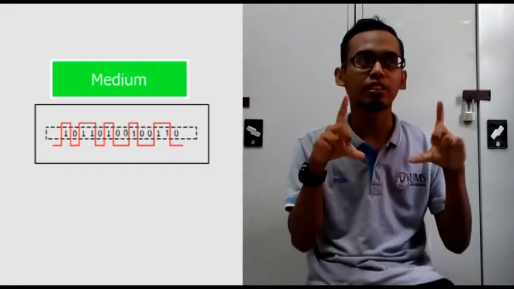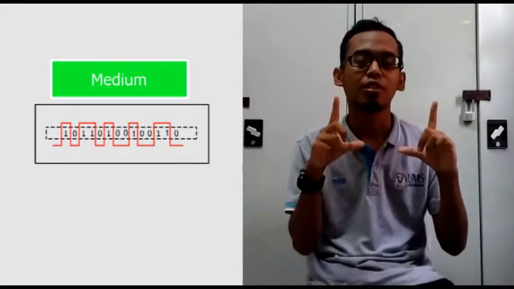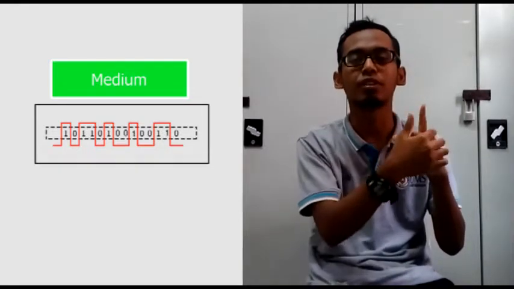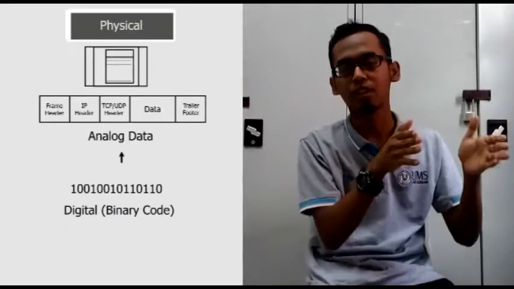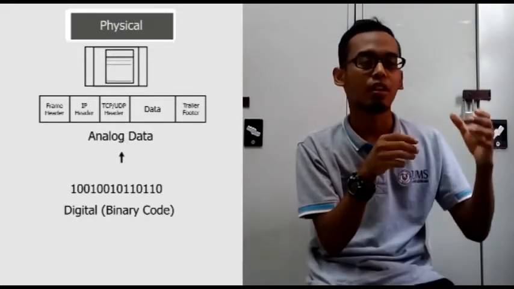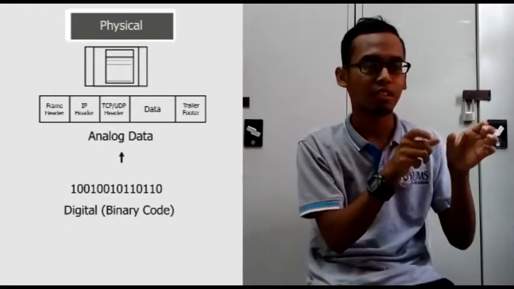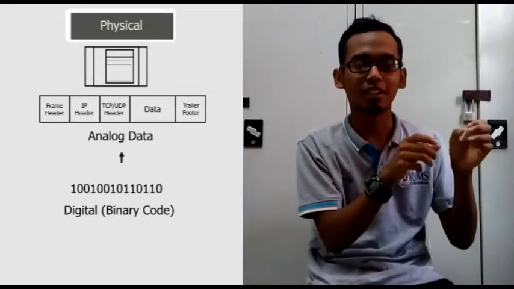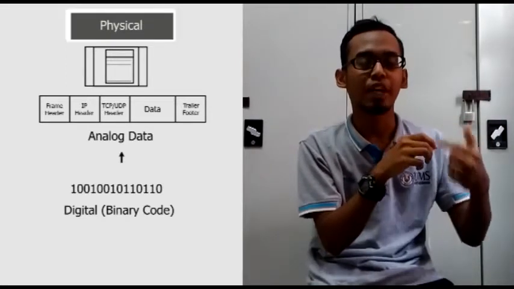Then, the data will be passed through to the physical machine of the receiver, the server. When it reaches the server's side of the receiver, the binary data 1010 will be converted back into analog form.